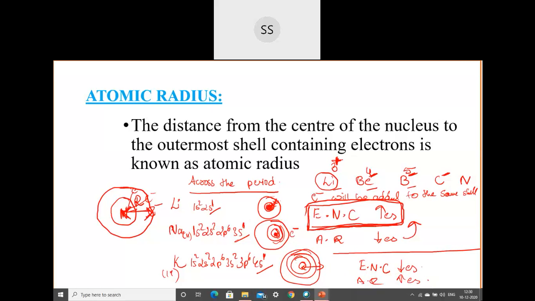Was I clear enough? Now in this, do you have any doubt about the atomic radius?